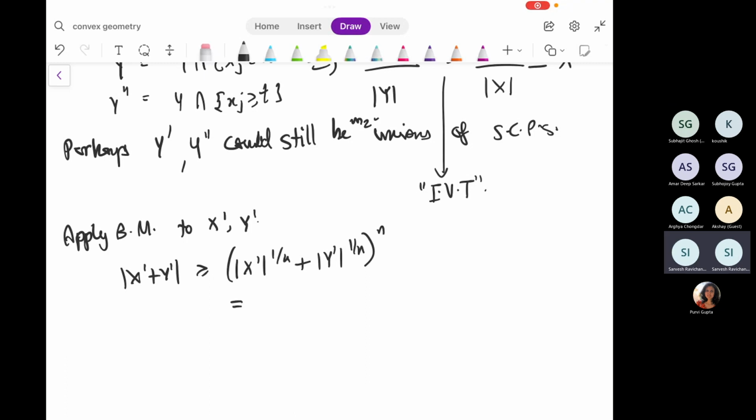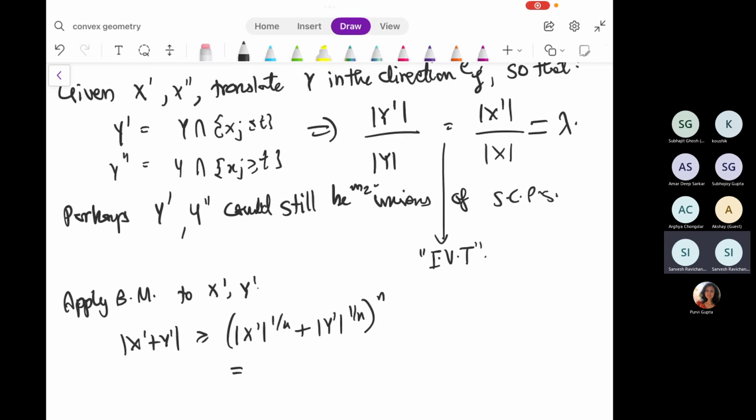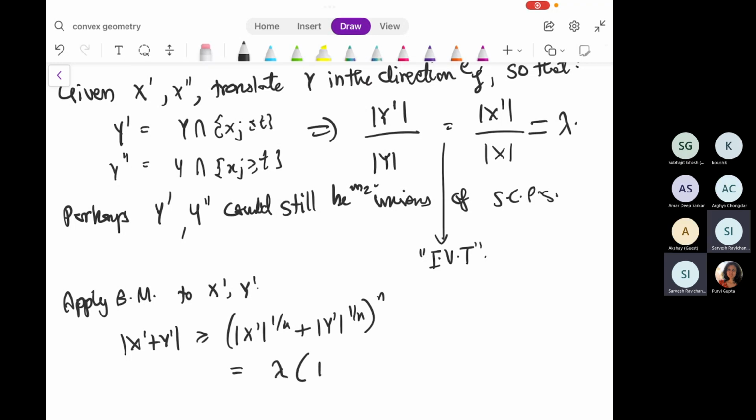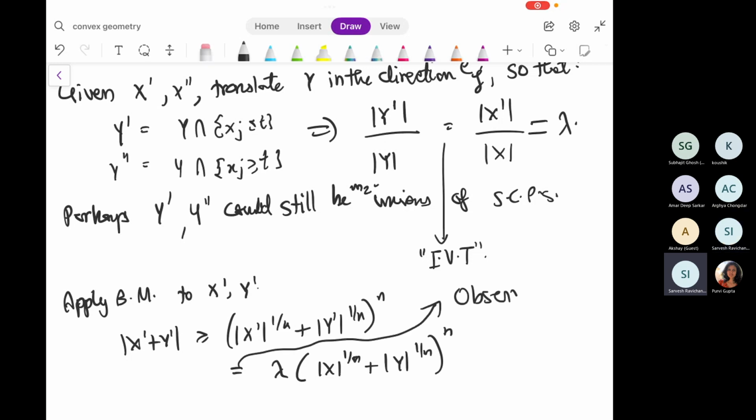And if you notice, lambda has been defined in such a way that this quantity here is actually equal to lambda times the Lebesgue measure of x to the 1 by n plus the Lebesgue measure of y to the 1 by n, whole to the n. So please observe this. If this is not clear, let me know. But the definition of lambda along with scaling will tell you that this particular statement is true.